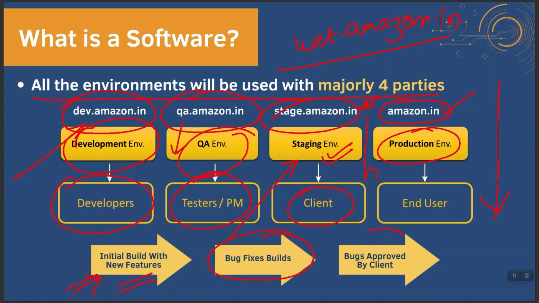After fixing all the bugs and approval of the fixes by the client, the build finally goes into the production environment and is now available to the end user. I hope by now you are very clear on what exactly is happening at the back end with respect to environment management.